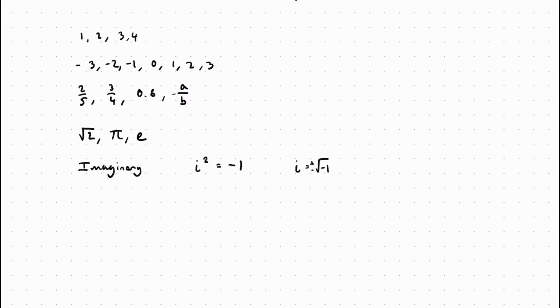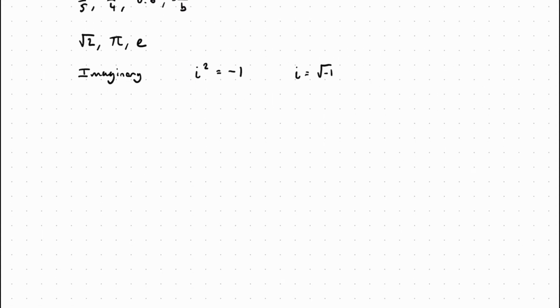Generally we just refer to the positive, so we just tend to refer to it as i is equal to root -1 in most of our cases. So, imaginary numbers: i is root -1. Now we need to be able to use this with some other numbers. So if i is the root of -1, what is the root of -9?